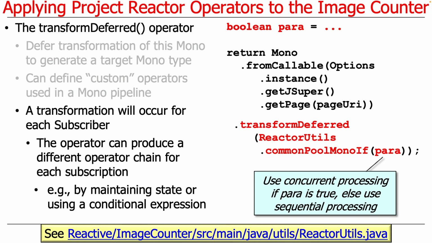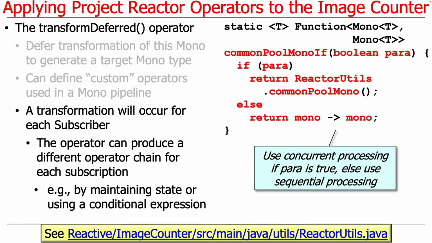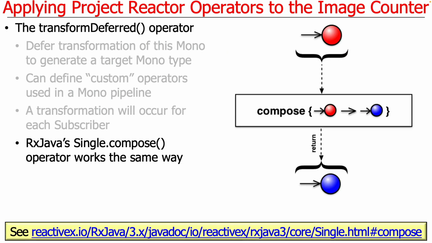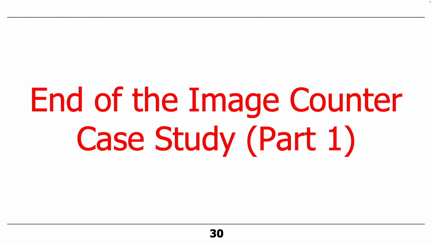So I have another helper method called commonPoolMonoIf, which, based on the Boolean parameter up here, will decide whether to run this concurrently or not. Here's how that might work. You can say if the parameter is true, then return commonPoolMono. Otherwise, just return the mono without transforming it and making it run in another thread. There's an operator in RxJava called compose that is very similar to transformDeferred.